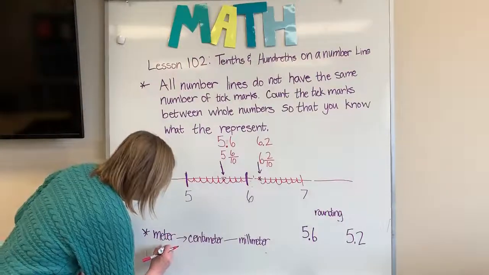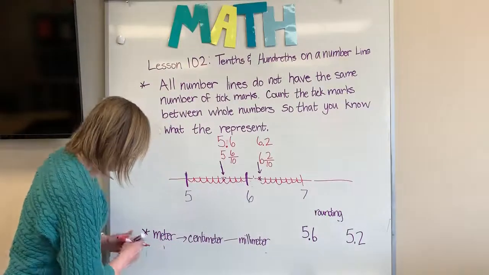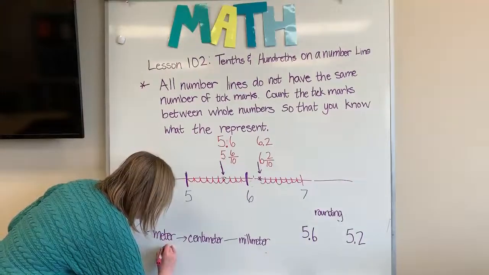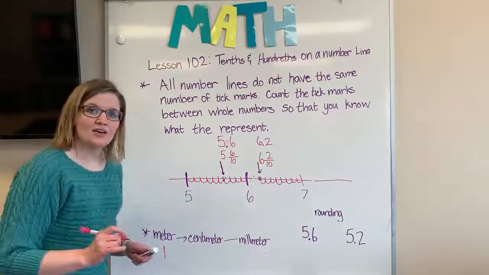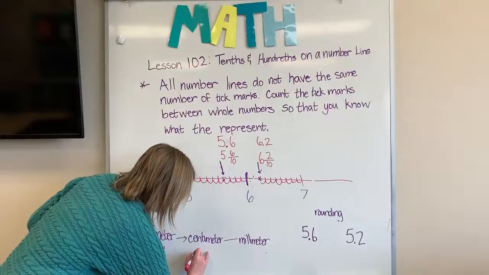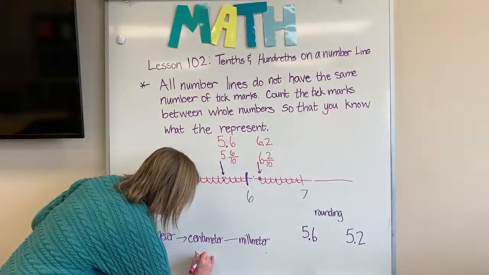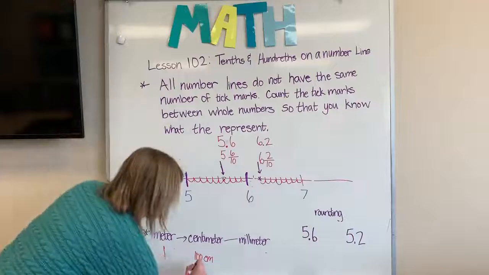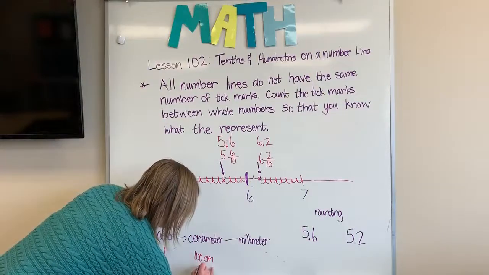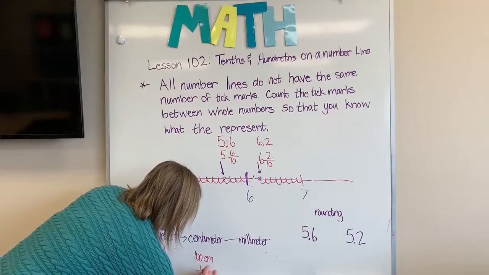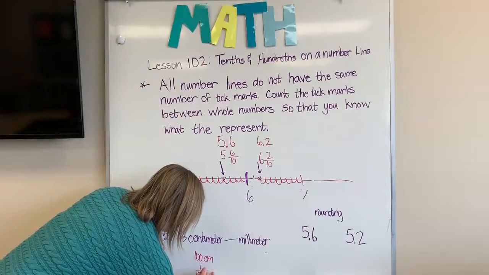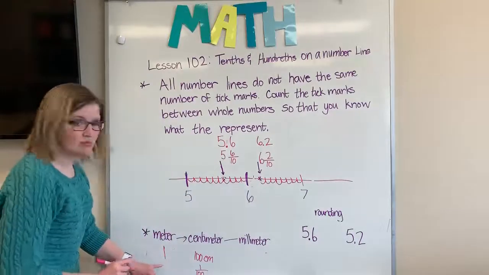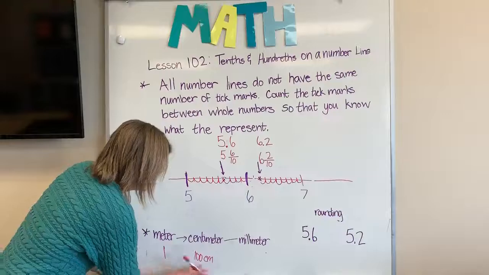For every one, see, I'm going to write this in pink. For 1 meter, there are 100 centimeters. And one centimeter is 1/100th of a meter. Does that make sense?